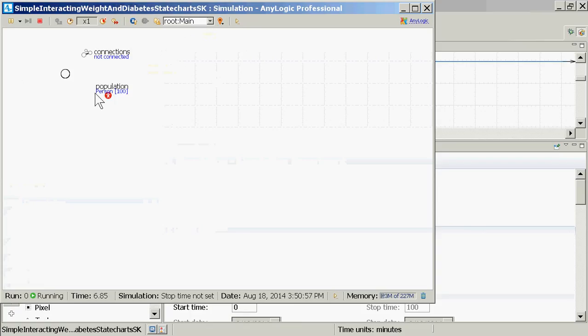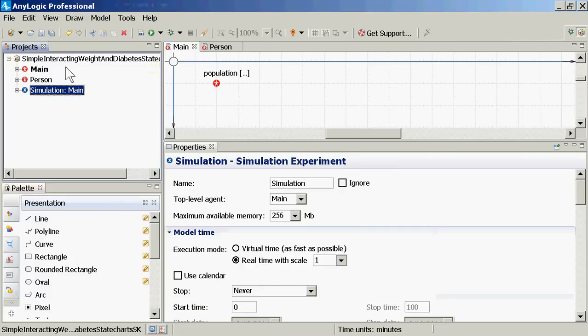Okay, we do. It says 100, and we can drill down and we can go see each person. But let's go give them now a layout. So how do I lay them out randomly? Ladies and gentlemen, where do I go to lay them out randomly? Okay, good. Environment of?